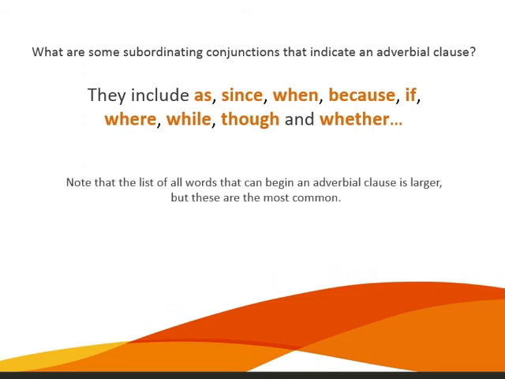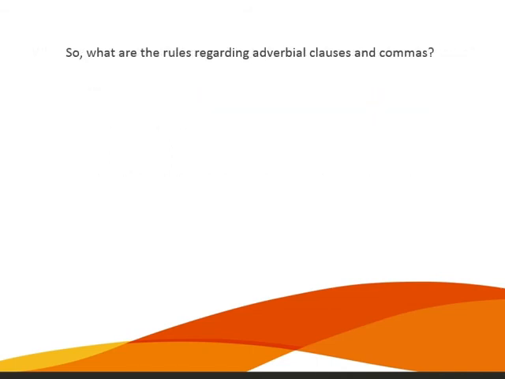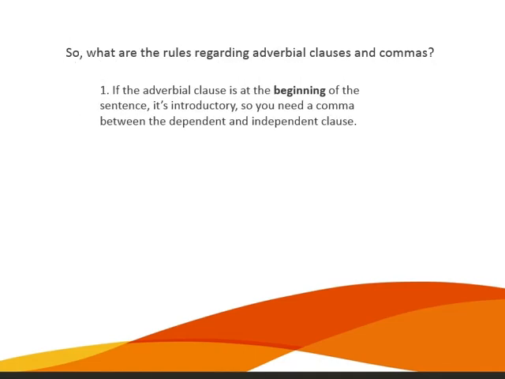So, what are the rules regarding adverbial clauses and commas? It's pretty straightforward. If the adverbial clause is at the beginning of the sentence, you need a comma between the dependent and independent clause. However, if the adverbial clause is at the end of the sentence, you should not use a comma.